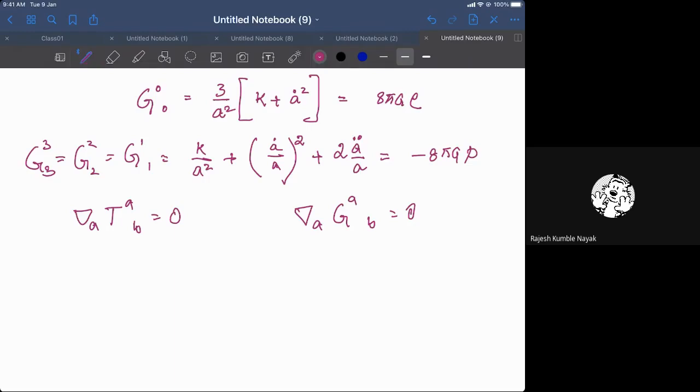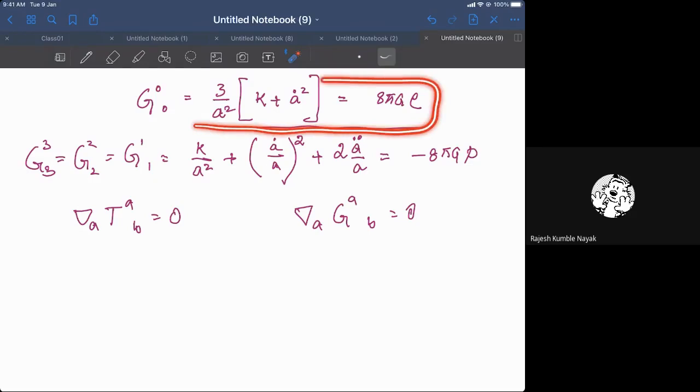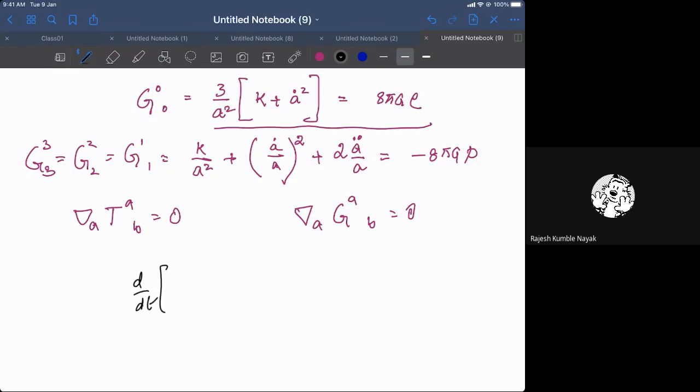So one would simply take this equation and differentiate it with respect to time once, that is d by dt of G00. Then we get all that on the right-hand side and left-hand side.